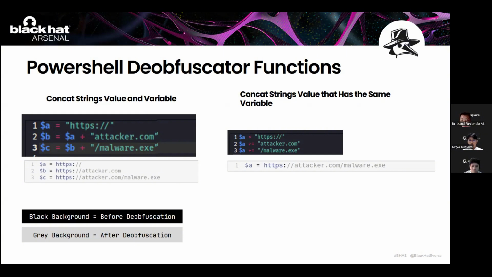From this function, we can see in the picture below that the A variable value is only one line, which is https://attacker.com/malware.exe. So we combine the different values from the second and third lines that have the same variable, which is A. That's it.